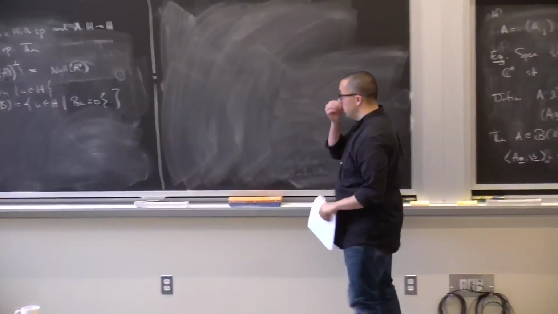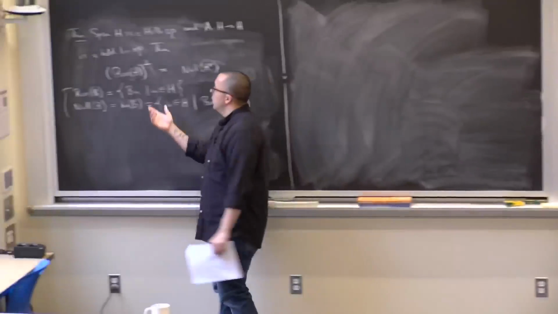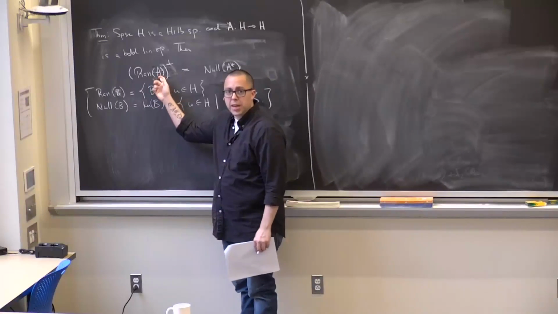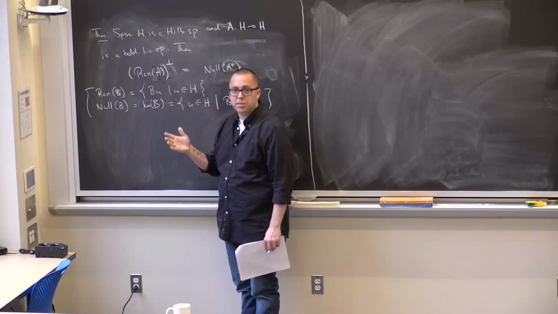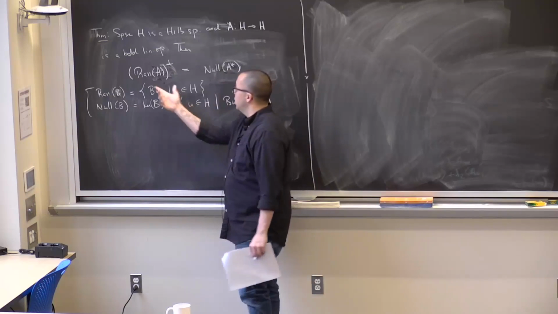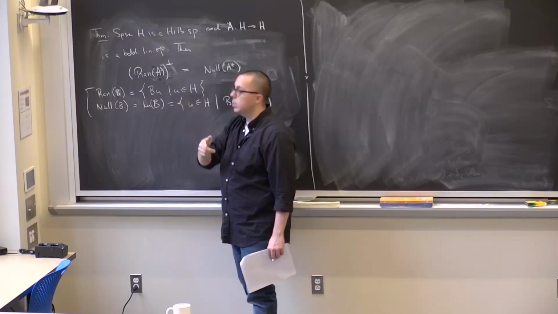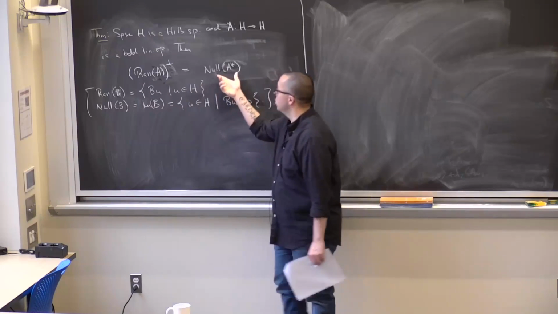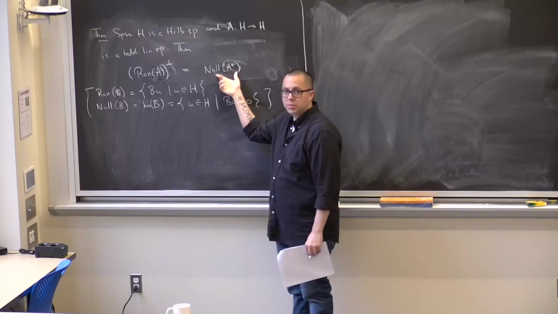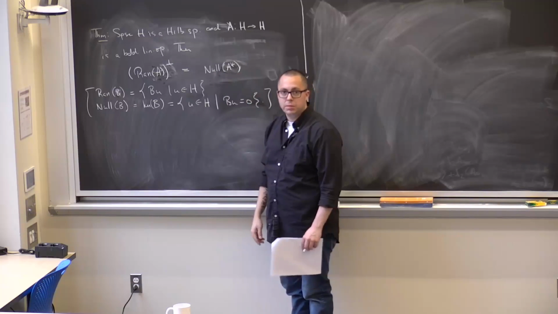Okay? So in particular, if we know that we have an operator A such that the range is a closed subspace, then being able to solve the equation AU equals V is equivalent to showing that the null space of the adjoint is simply 0, right?